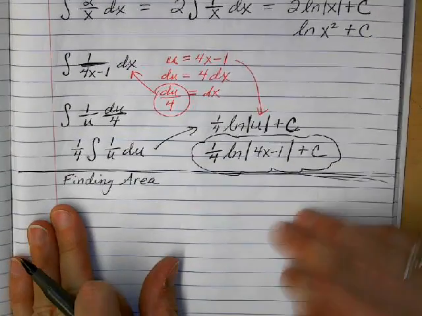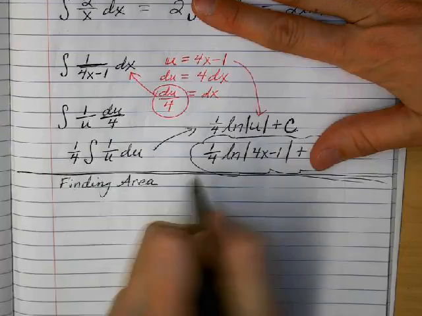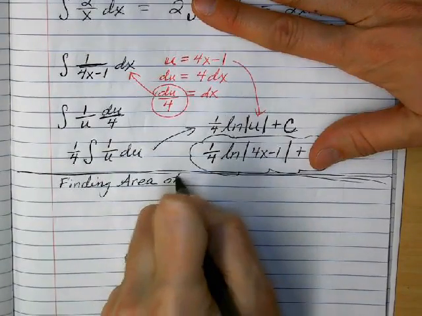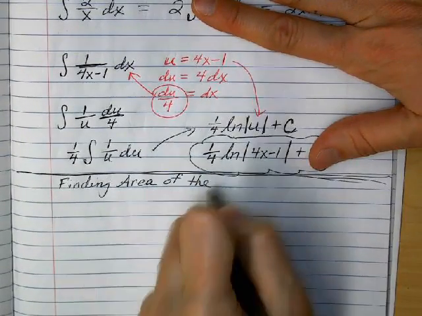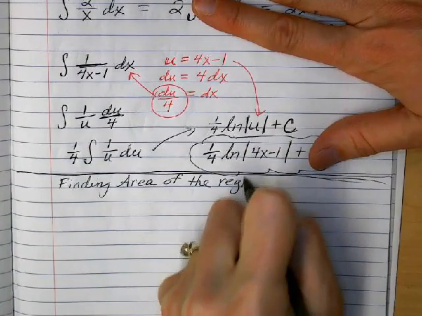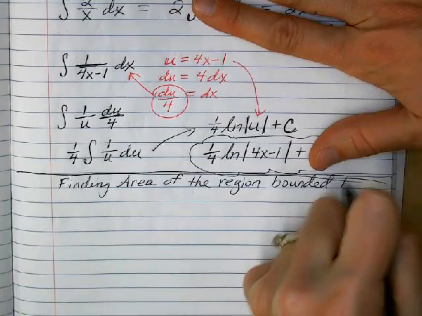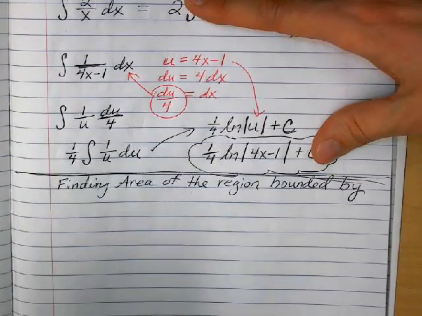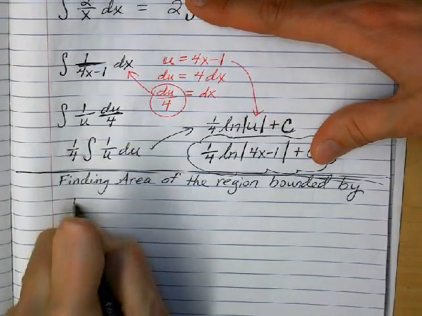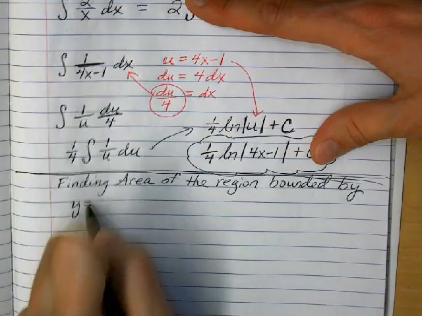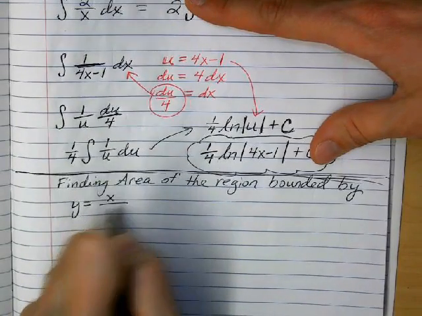So it says find the area of the region bounded by, and then they give you your function, bounded by y equals x over x squared plus 1.